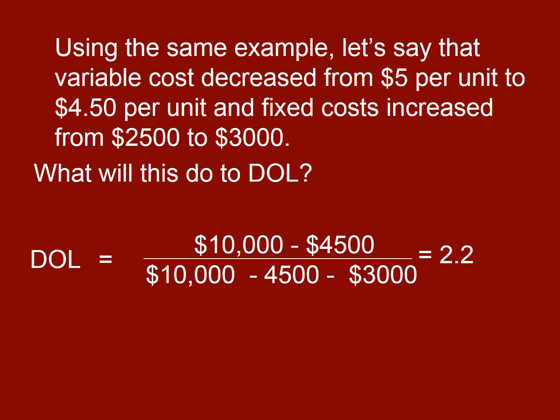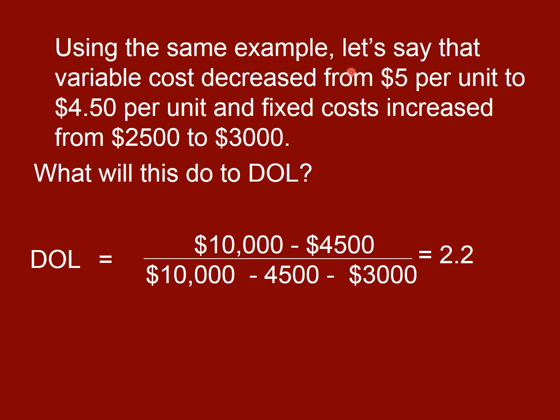So what I'm doing here in this example is I'm saying, okay, rather than having our variable cost at $5 per unit, let's decrease it to $4.50 per unit. So our variable cost is going to go down, but we're shifting that variable cost into our fixed cost.